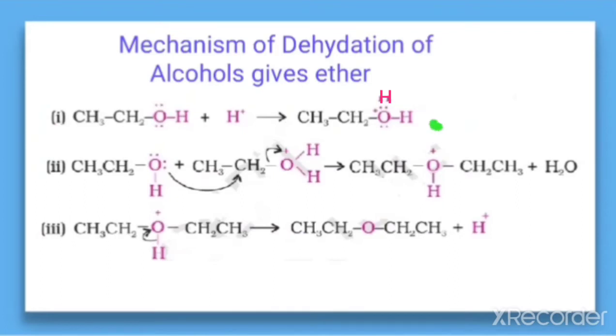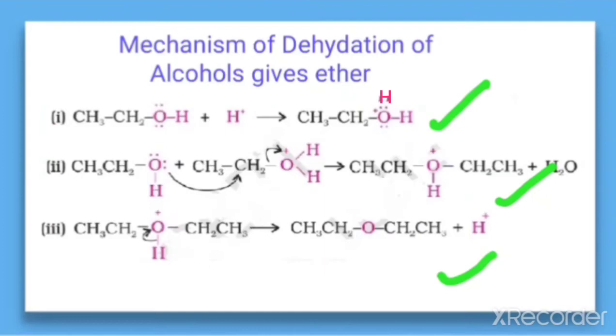The first step is protonation, which gives rise to a protonated alcohol. When a second molecule of alcohol reacts with this, it gives rise to an oxonium ion, which on deprotonation gives rise to ether. So the formation of ether takes place from alcohol.